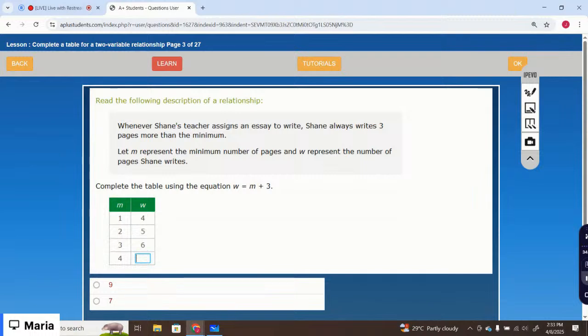Complete the table using the equation W equals M plus 3. Option number 2 is the correct option. That is 7.